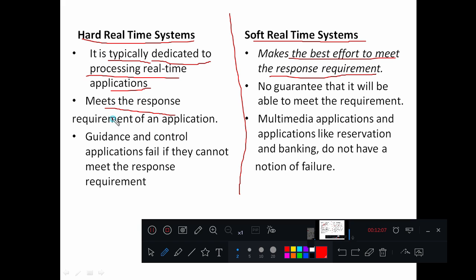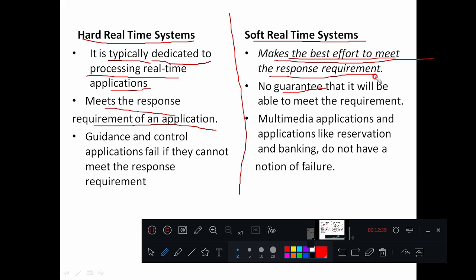Second, meets the response requirement of an application. A hard real-time operating system is going to meet the requirement of an application. But in the case of soft real-time systems, it may meet it, because it only makes the best effort to meet the response requirement. I cannot say soft real-time systems are going to perform 100%, right? It is making its best effort to meet the response requirement.